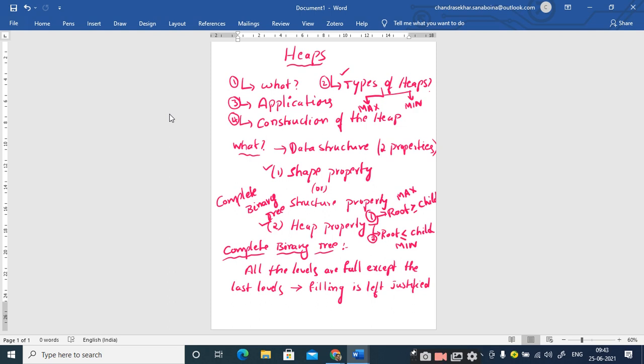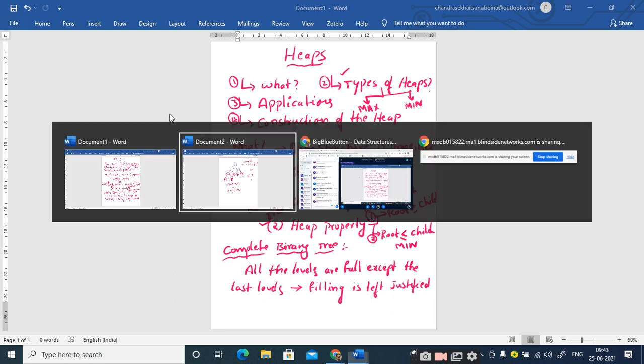If nothing is specified and you are just asked to construct a heap, then it is your choice whether you make it a max heap or a min heap. But in most questions, you will be given a list of elements and asked to construct either a max heap or a min heap, right? So we'll see this topic. It is somewhat lengthy in nature, but if you know the shape property and heap property, it will be very easy to construct the heaps, right?